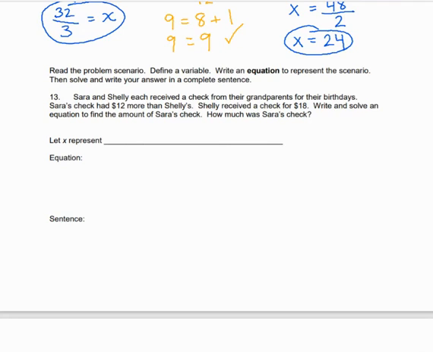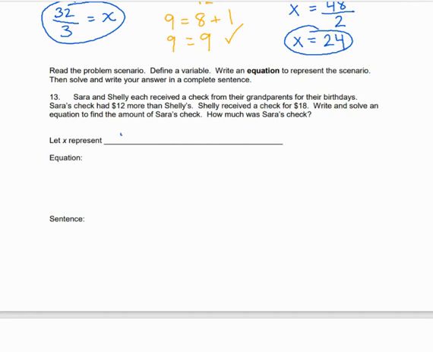So let's hear from someone we haven't heard from today. What are we looking for? What should X represent? So this is not a calculation number. I've heard from most of you in class. How about somebody at home that we haven't heard from today? What are we looking for? How much is Sarah's check? Very good.